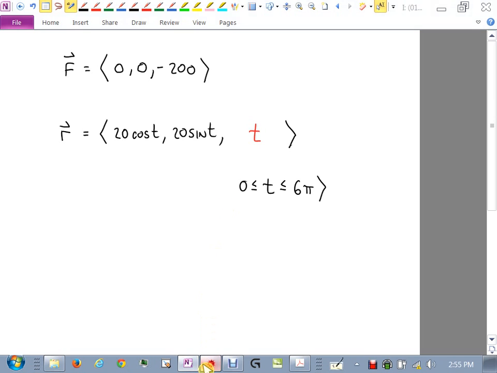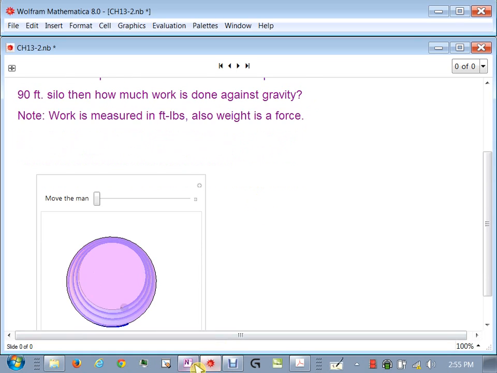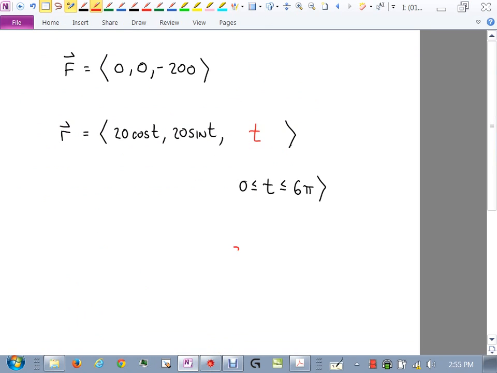How tall is the silo? A 90-foot silo, right? So at the end, at 6 pi, you need to be 90 feet high. So could I say 90 t divided by 6 pi?